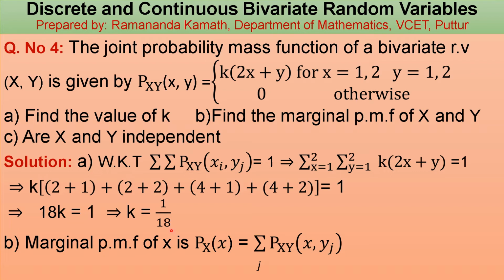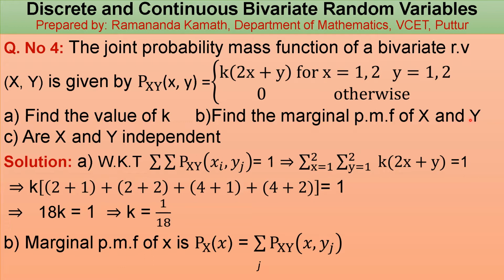Then the second part: find the marginal probability mass function of X and Y. Marginal probability mass function of X means p_X(x). Marginal probability mass function of Y, p_Y(y).